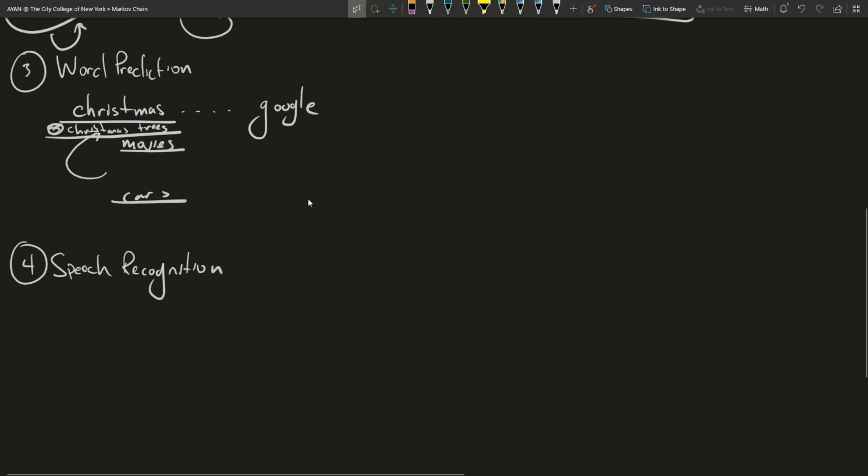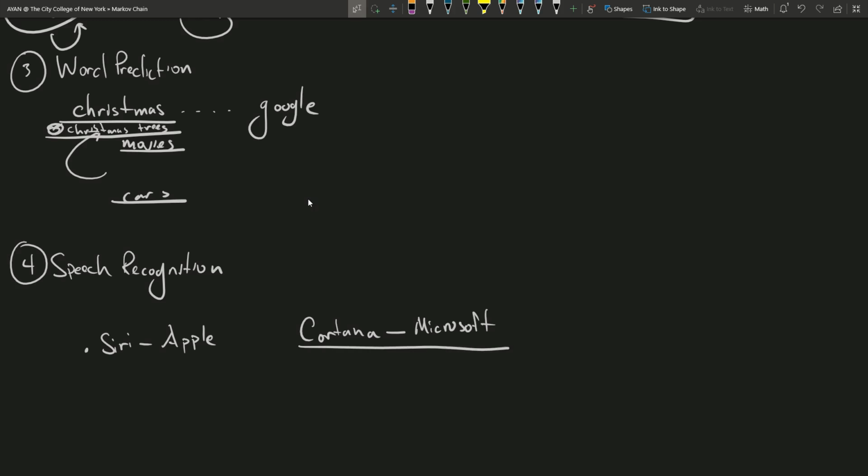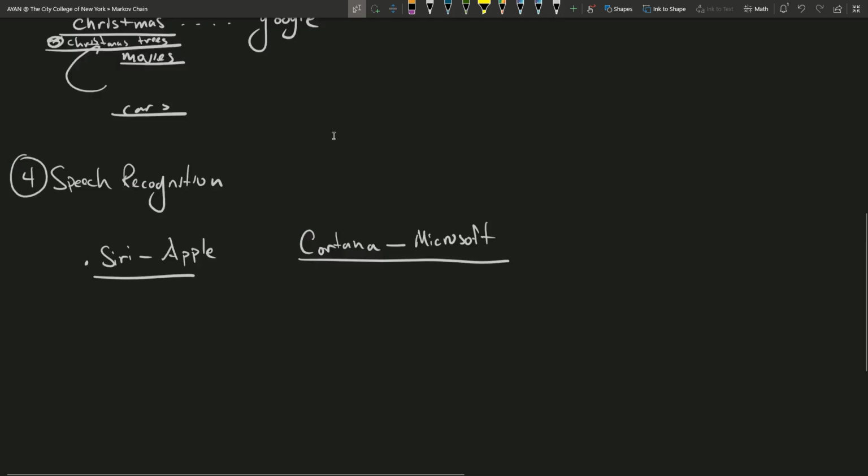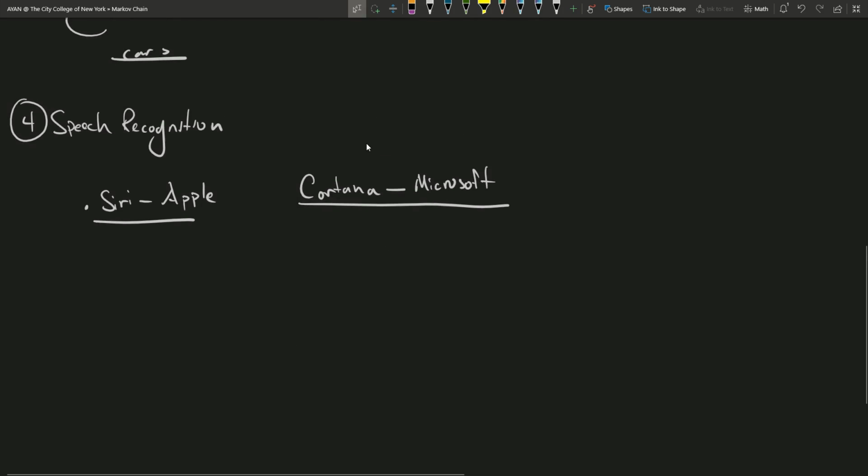Okay, fourth, we have speech recognition. So nowadays we have AI such as Siri, made by Apple, of course, and Cortana, made by Microsoft. So these AIs are conditioned to execute one command at a time. So if you give it multiple commands, suppose we use the visual here as a diagram for commands.